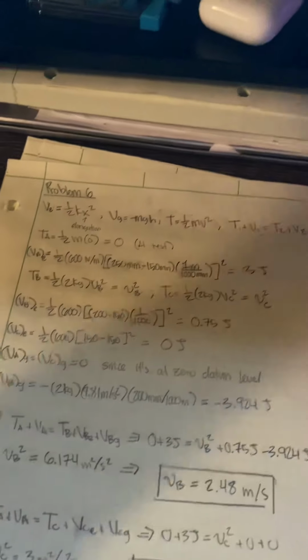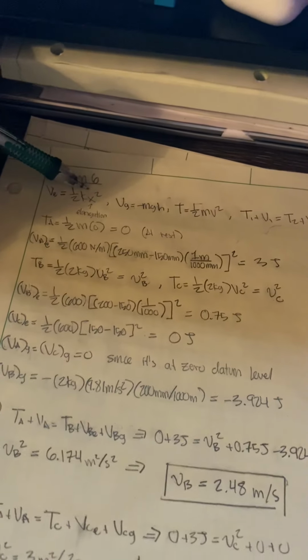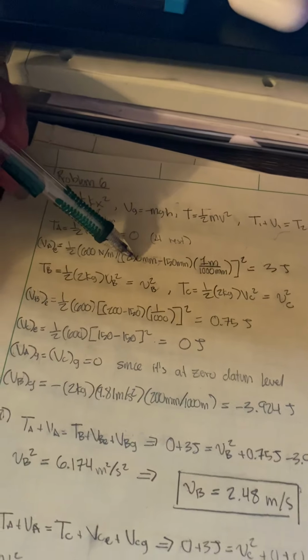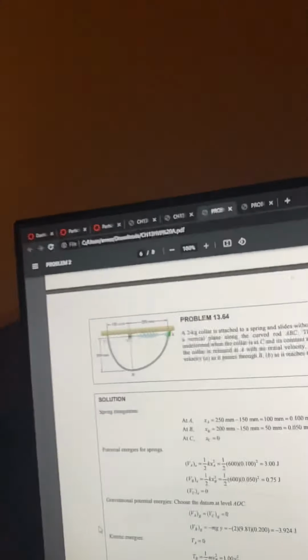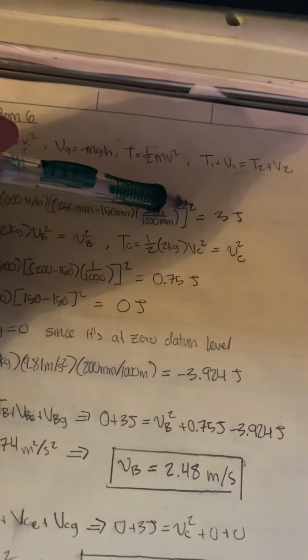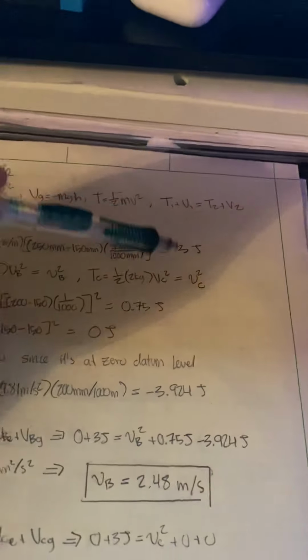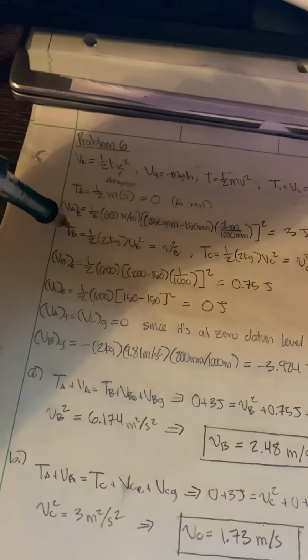We're given the constant, which is 600, and x is the elongation, which we solve for from the figure right here. We did 250 minus 150, convert it to meters, and then we square it, which gives 3 joules.